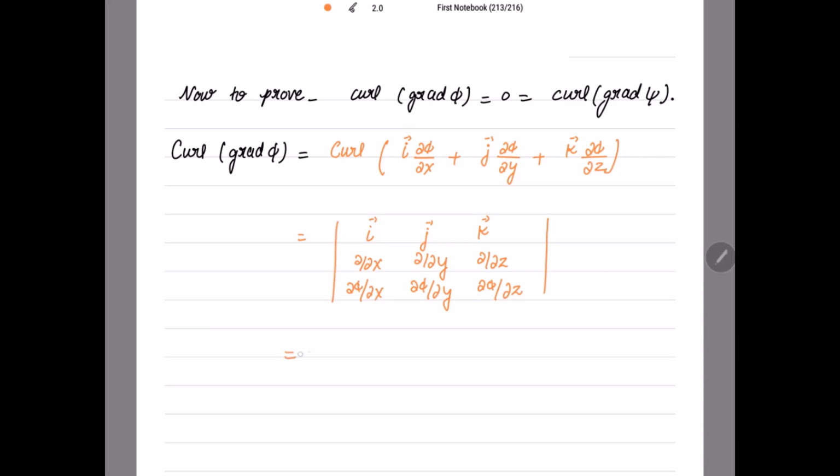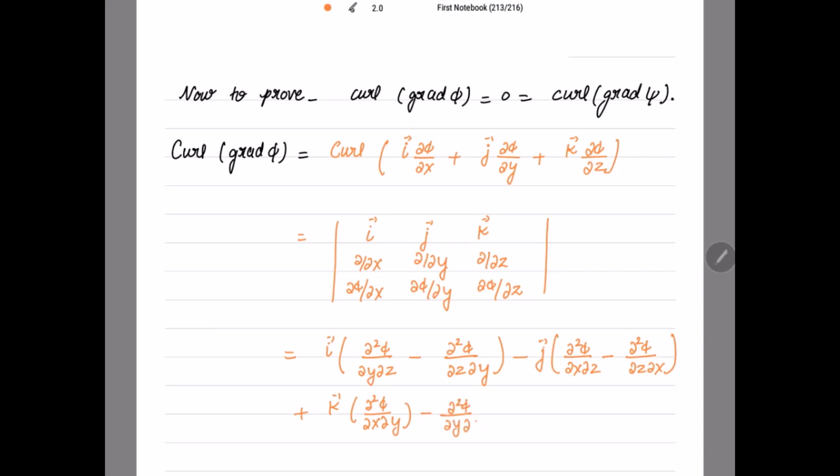Solving this determinant: this is i times curly square phi over curly y curly z minus curly square phi over curly z curly y, then j times curly square phi over curly x curly z minus curly square phi over curly z curly x, plus k vector times curly square phi over curly x curly y minus curly square phi over curly y curly x.